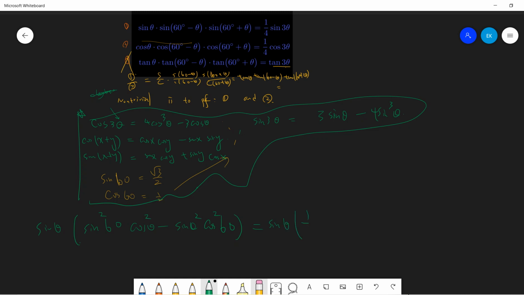Sine 60 is square root of 3 divided by 2, so it's 3 divided by 4 cosine theta squared minus 1/4 sine theta squared.